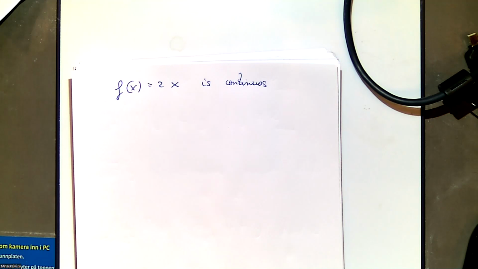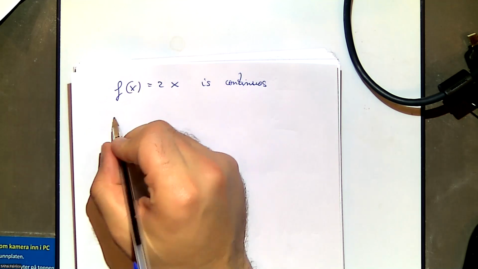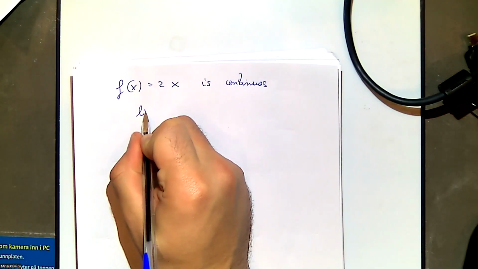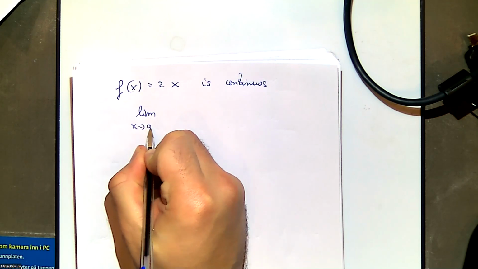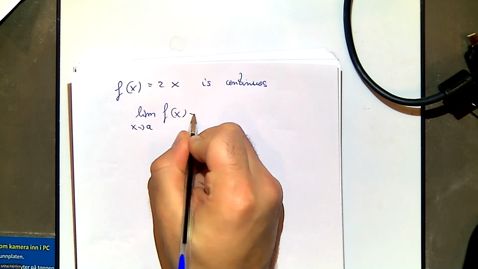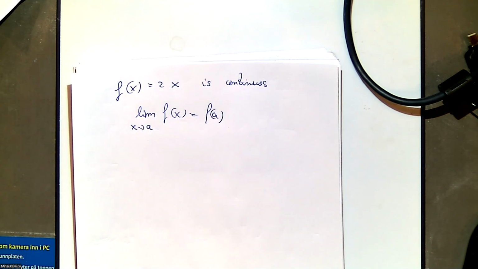Now, if you want to show this, you can either use the definition, which you would just say, okay, it's continuous if the limit when x goes to a of f of x is equal to f of a. Then you just have to use the epsilon-delta, which I'm not going to bother with.